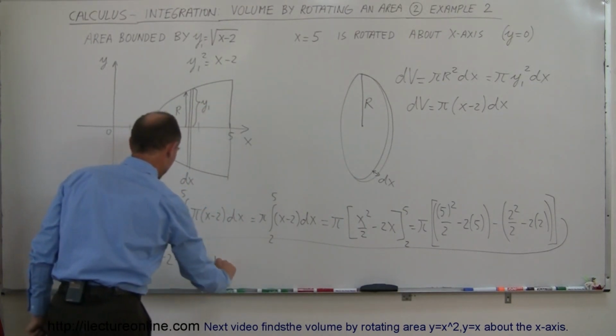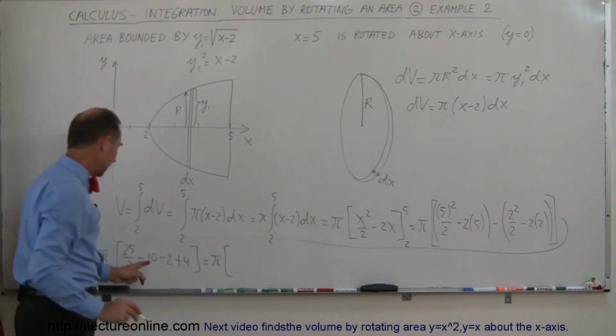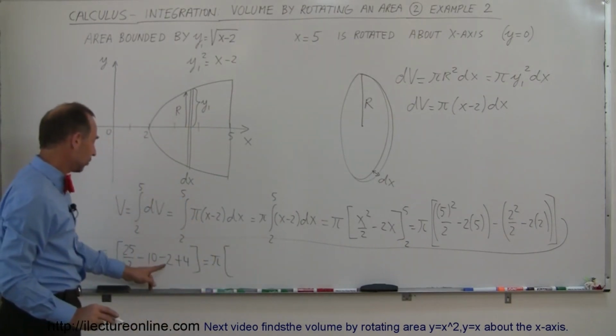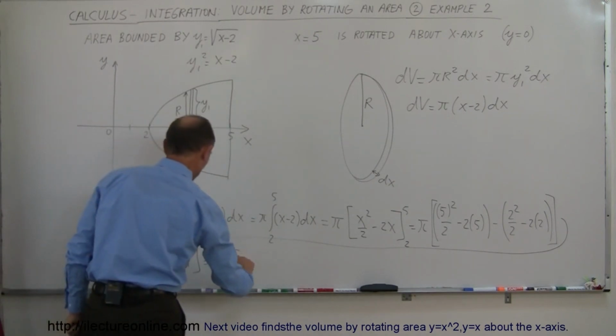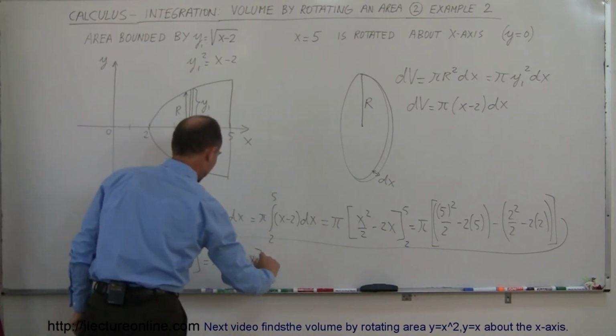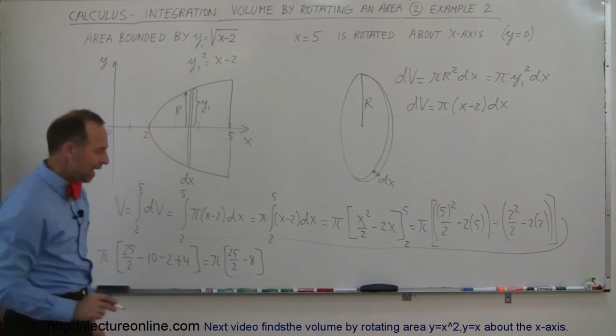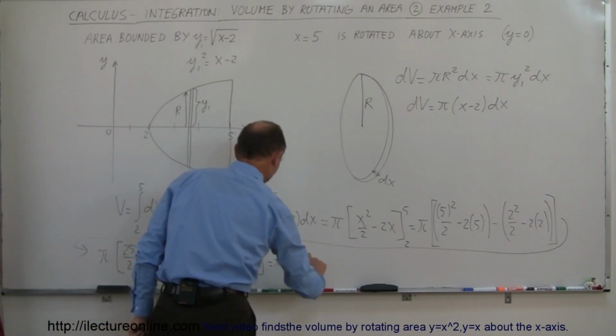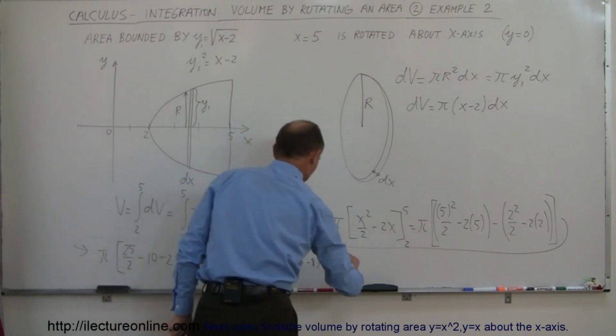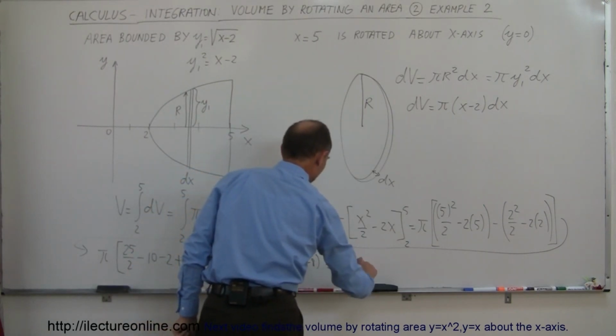So this is equal to pi times, I get minus 10, minus 2 is minus 12, plus 4 is minus 8. So I get 25 over 2 minus 8. Of course, 25 over 2 is 12 and a half. So this is equal to pi times 12.5 minus 8, which is equal to 4.5 pi.